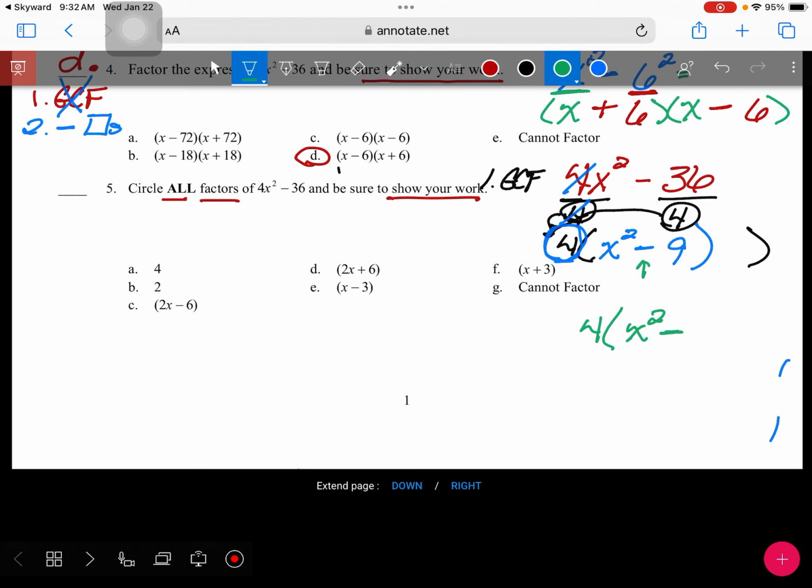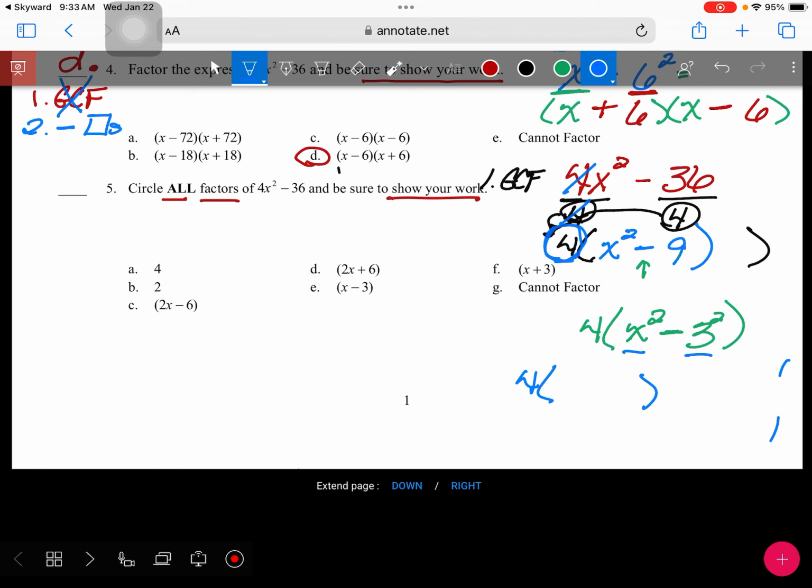Luis, do you know? What times what gives me 9? That's the same number. Yes, very good. 3. So I changed this so it's 3 times 3. Now I definitely have a difference of 2 squares because it's x squared and 3 squared. So that 4 just keeps coming on down.